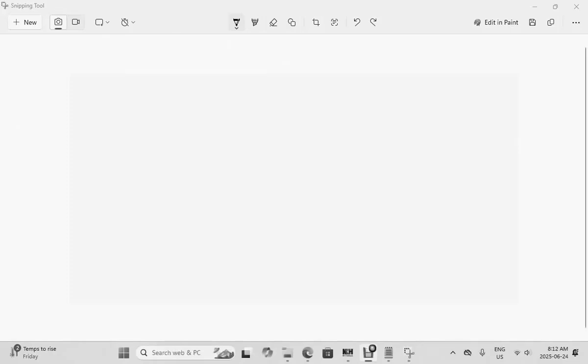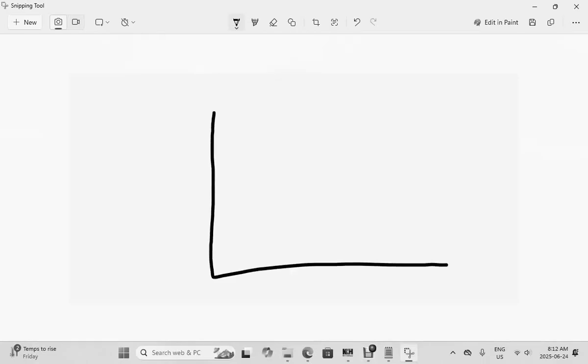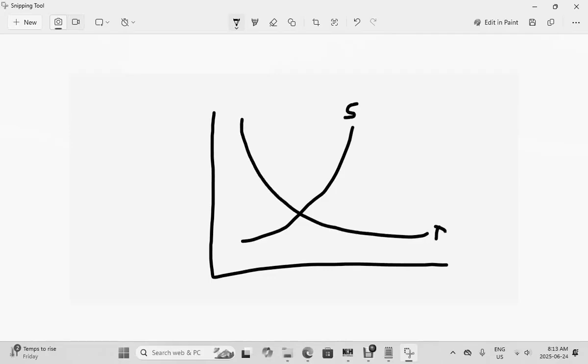Okay, so in the last video, we talked about surplus, both the producer and the consumer surplus. And we know that when it comes to a surplus, this is your supply curve and this is your demand curve. Suppose this was the equilibrium point.